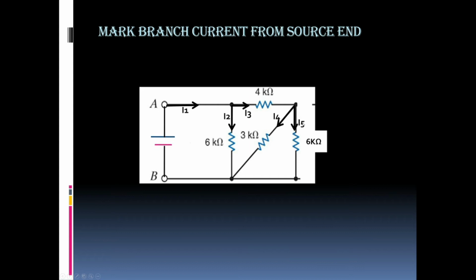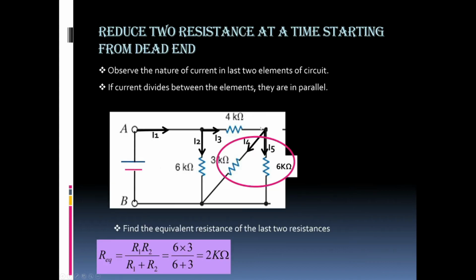Now the last two resistances again. From here, the last two will be the 6 kilo ohm resistor and the 3 kilo ohm resistor. You have to find if they are parallel or series. Here you can see the current I3 gets divided as I4 and I5.